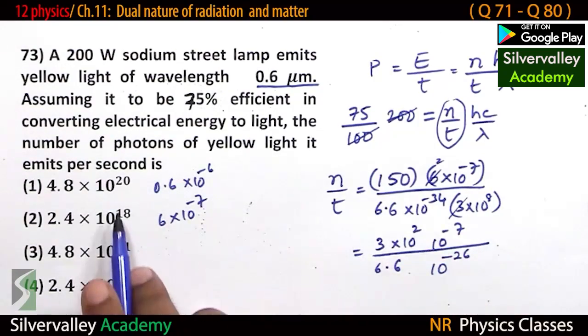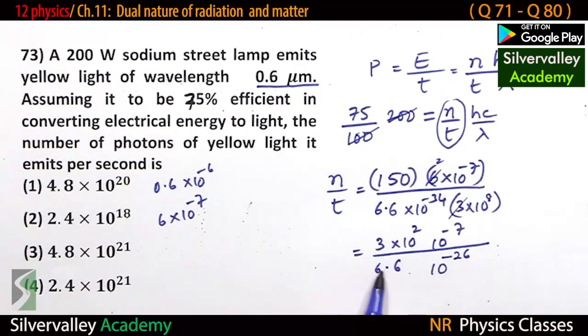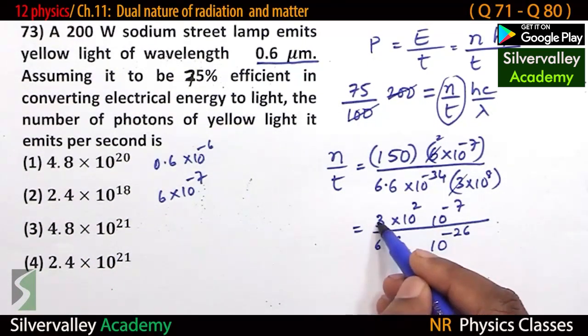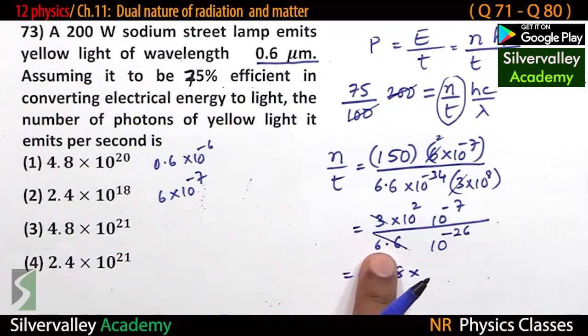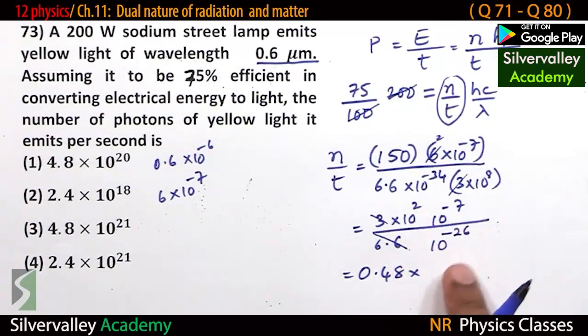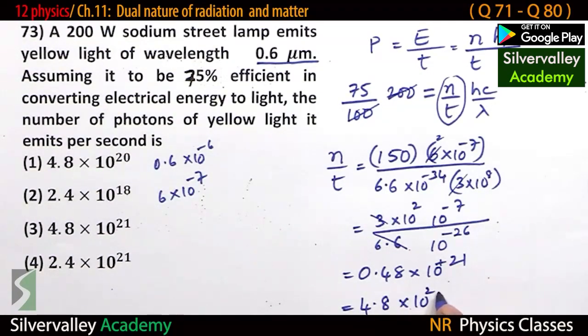Now manage the powers of 10: the numerical value should be 4.8. The ratio should be close to 0.48, approximately twice 3. So 0.48, and with 10^21, it is 4.8 × 10^20.